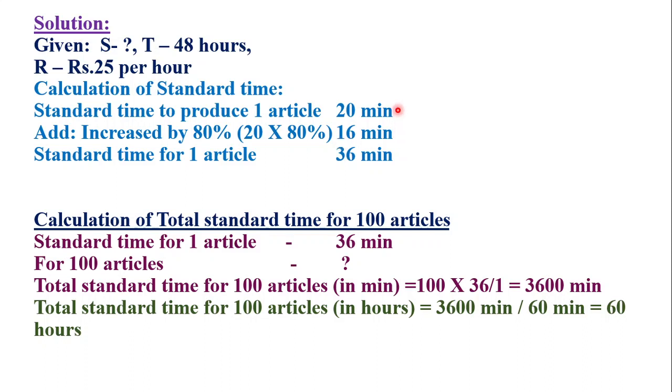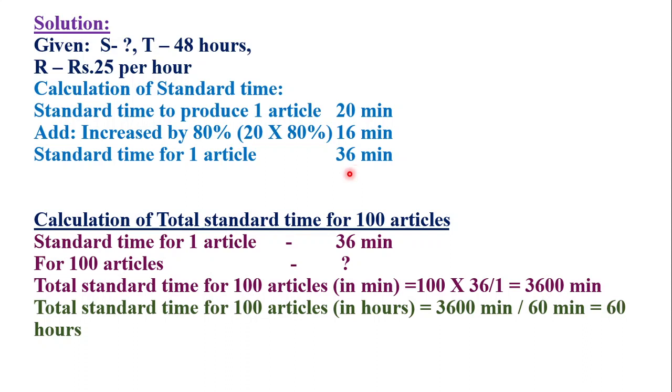We have to add these two, 20 minutes and also 16 minutes, for calculating the standard time. Now the standard time to produce one article is 36 minutes.